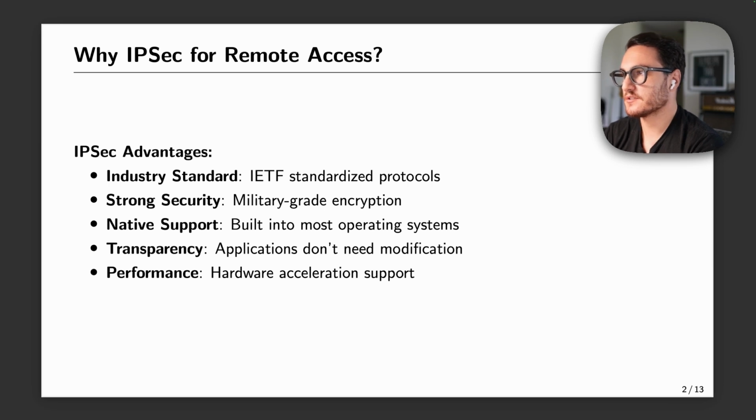It has stronger security, native support, it is transparent, it has some hardware acceleration support, especially from Intel network interface cards. And the other thing that is extremely interesting from a corporate perspective is that IPSec integrates with the existing authentication infrastructure that the company may be running.